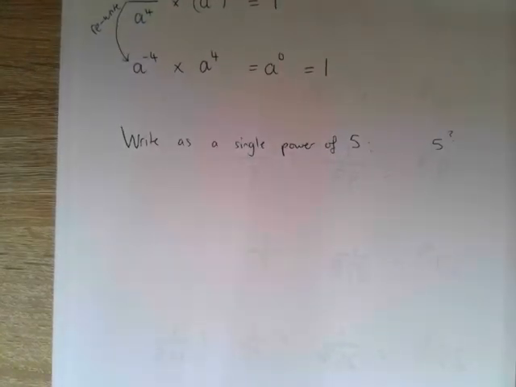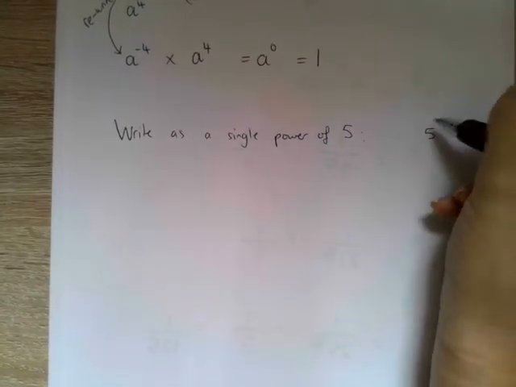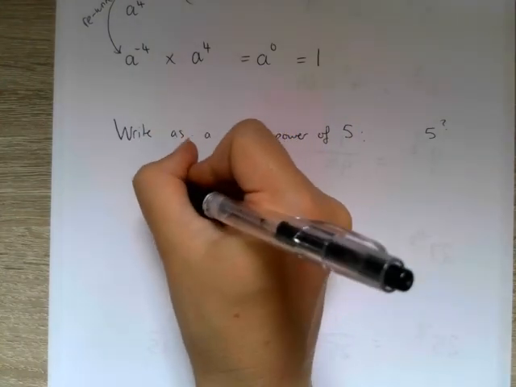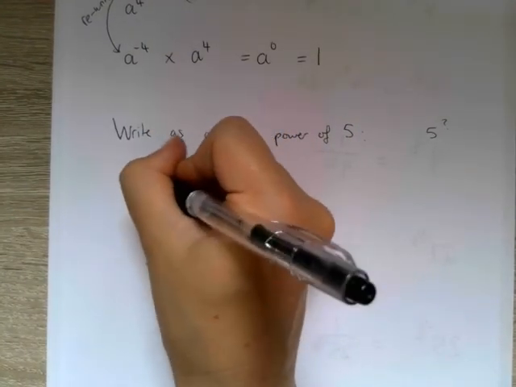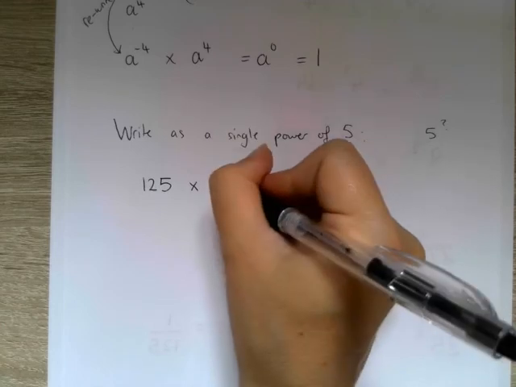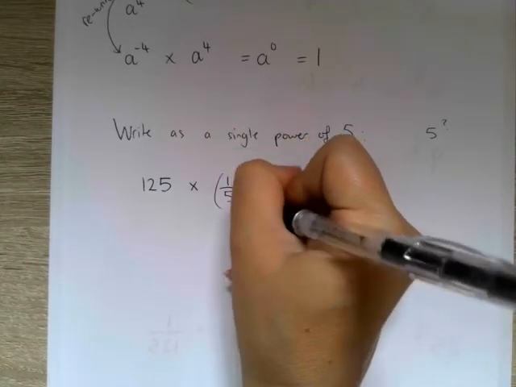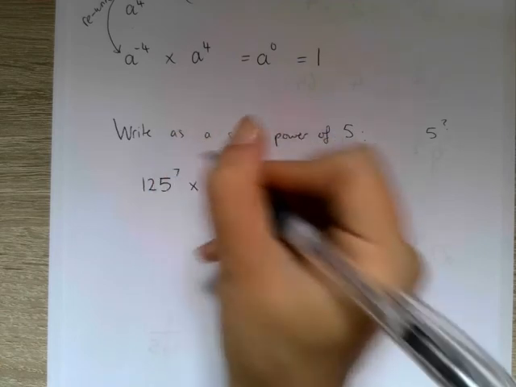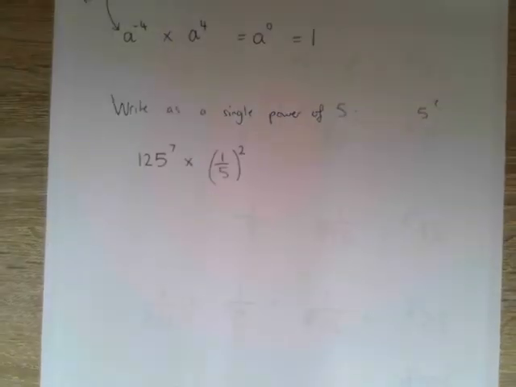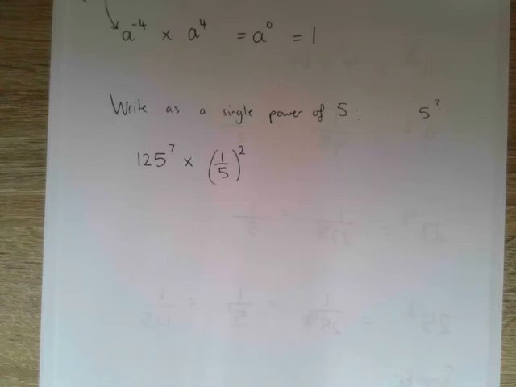We're not trying to actually work it out, just to keep it as a power of 5. So say if you had something like this. And this again would come up probably on a non-calculator paper.